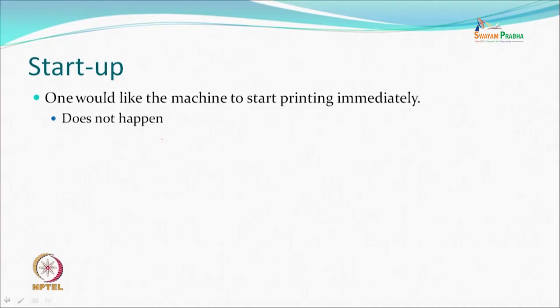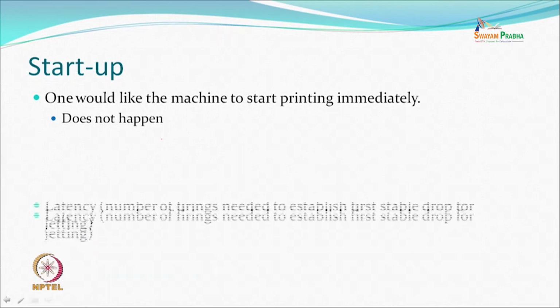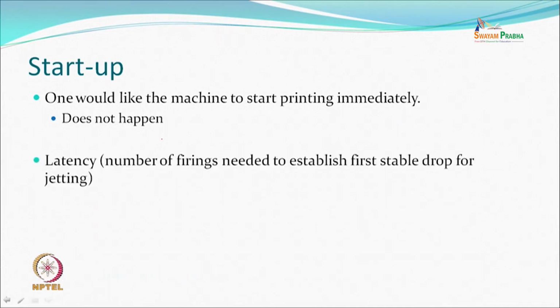One would obviously like the machine to start printing immediately, but it does not happen. There is a time that is required, and that is sometimes known as the latency. Latency is basically the number of firings needed to establish the first stable drop for jetting.